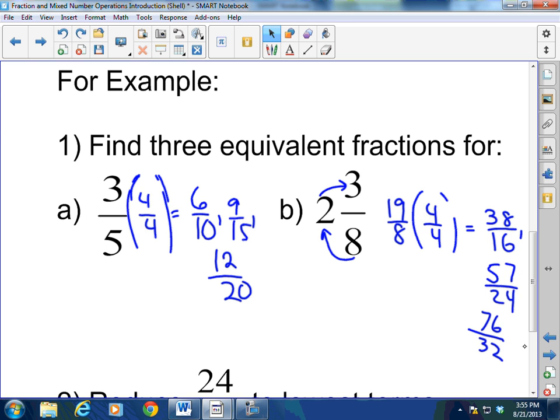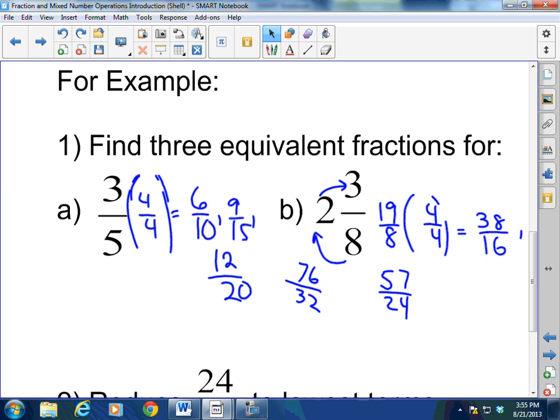Now, I should have done something, and I'm sorry that I didn't, because we're technically not done here. If they're asking you to find 3 equivalent mixed numbers, I need to now convert these back into mixed numbers. 16 goes into 38 2 times, because 2 times 16 is 32. And there's 6 left over.